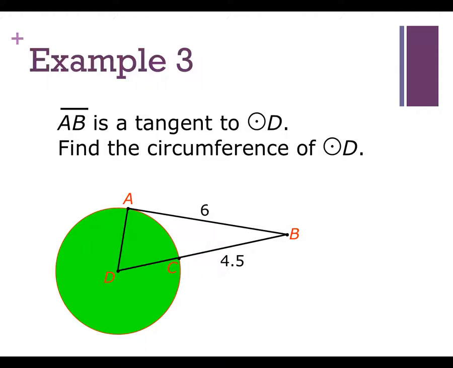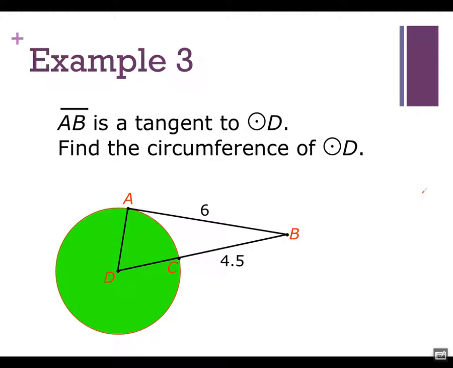Okay. So, what do we know? In that picture, what do we know? AB is the tangent. Is AB the tangent? Yes, it's actually the tangent segment. What else do we know?